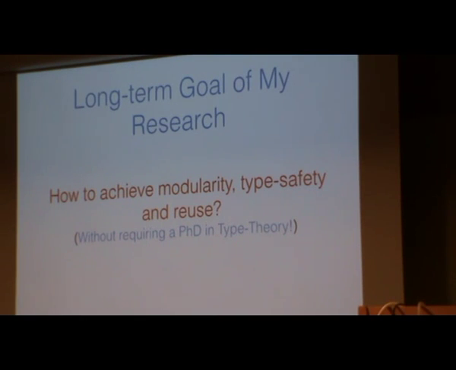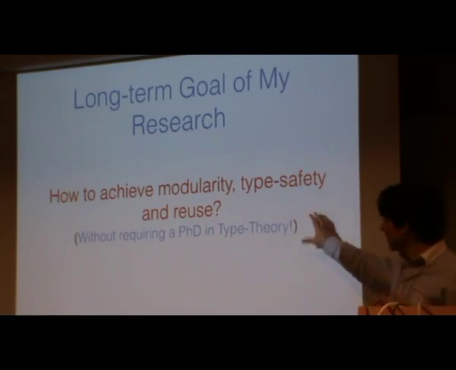We already know a lot of how to achieve modularity and type safety and reuse. But currently, the solutions are still very involved. They require a lot of very heavy encodings, and I think they are still not very useful. So I hope to share with you a vision of what we can do to try to achieve solutions that are easy and simple to use.